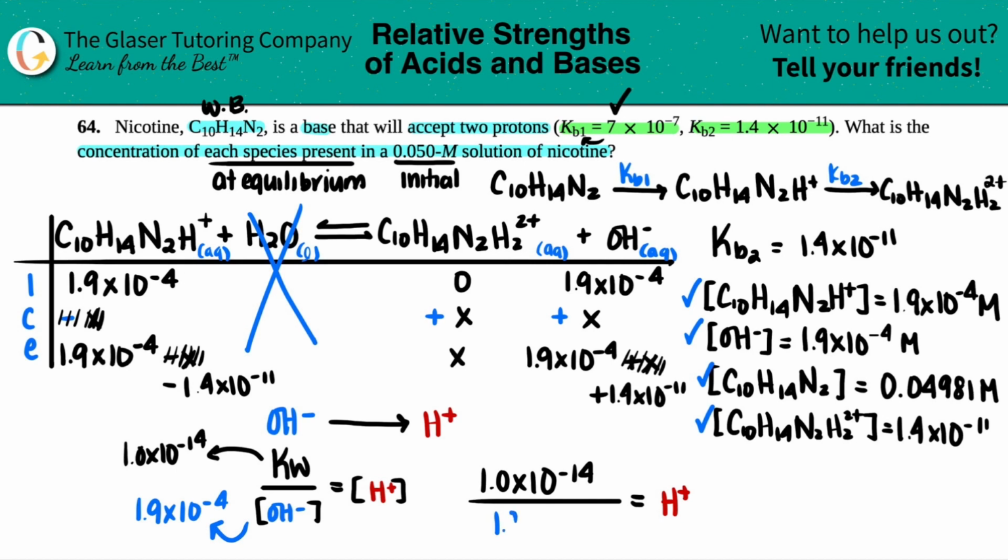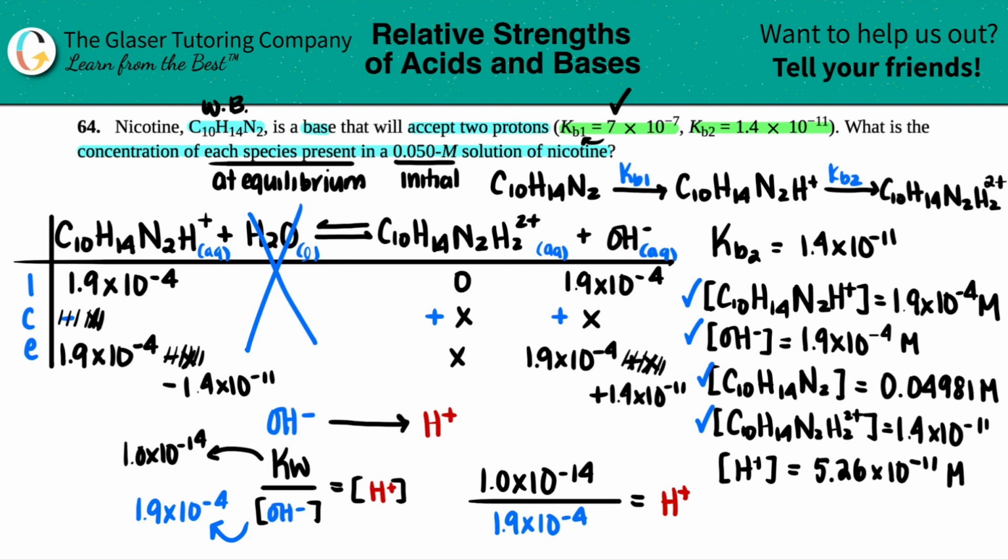And this would be 1.9 times 10 to the negative 4th. So let's see. 1 times 10 to the negative 14th divided by 1.9 times 10 to the negative 4th. And the H plus concentration, which I will link up right here as our final concentration, is 5.26 times 10 to the negative 11th.